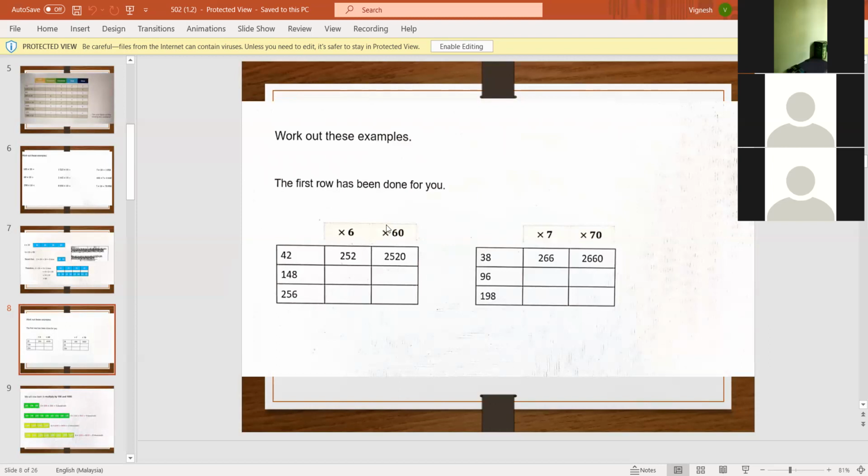But if the question asks to multiply by 60, when you want to show the working, I want you all to take out the 6 and the 10. Multiply by 6, multiply by 10. So it should be 60. So what is your answer if you multiply 42 with 60?